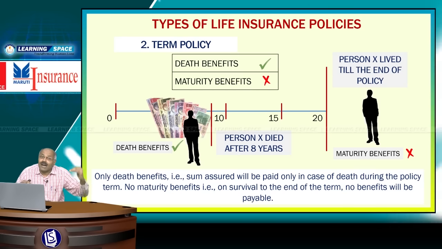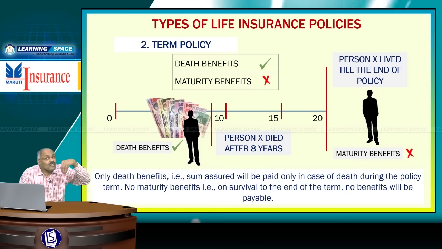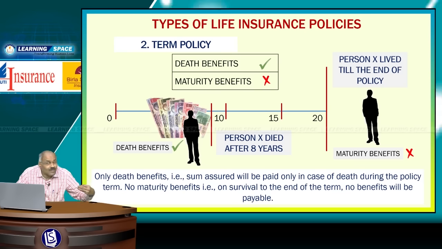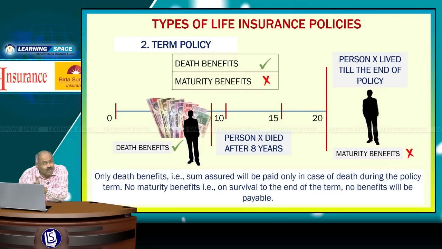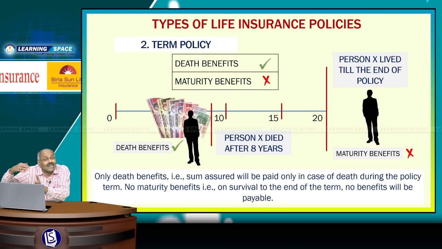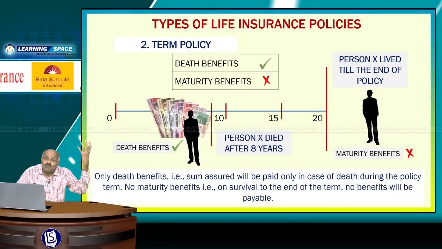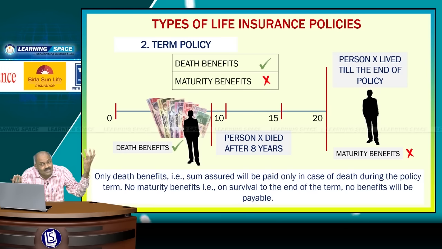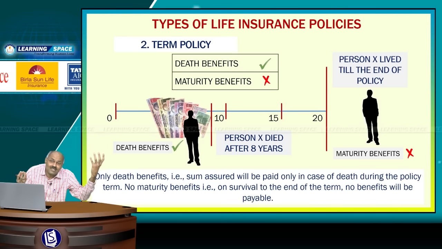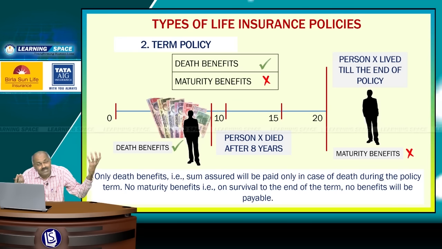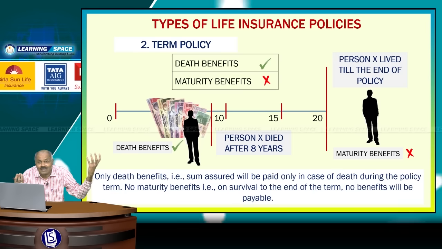So, under a term policy, the coverage is only death. And if the person lives beyond the policy term, he will not get any maturity benefits. So, the fundamental difference between endowment policy and term policy is that an endowment policy will have maturity benefits and a term policy will not have any maturity benefits.